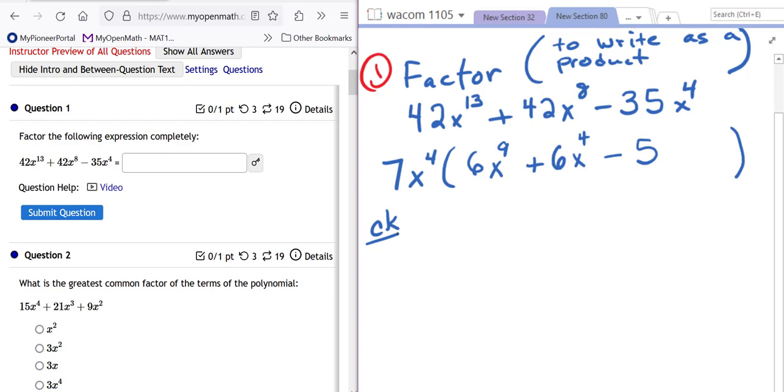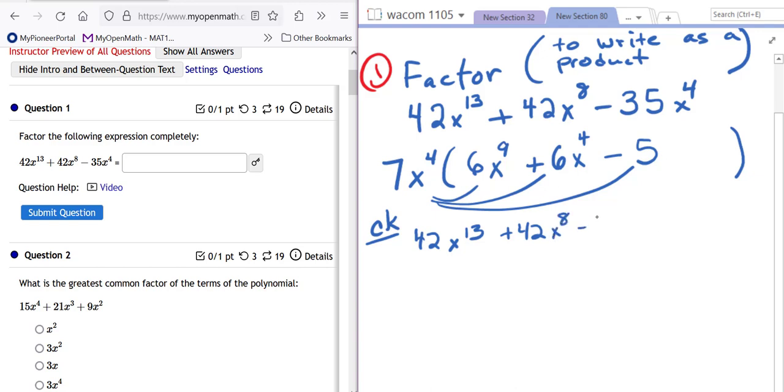Factoring has several places where it's nice to check. A check is good if it's fast and if it's easy. To check, you're just going to distribute back. And you can do it in your head, or you can write it. So this is 42, x to the 13th. This is 42, x to the 8th.